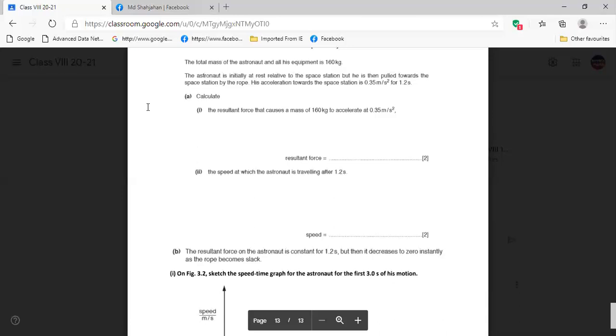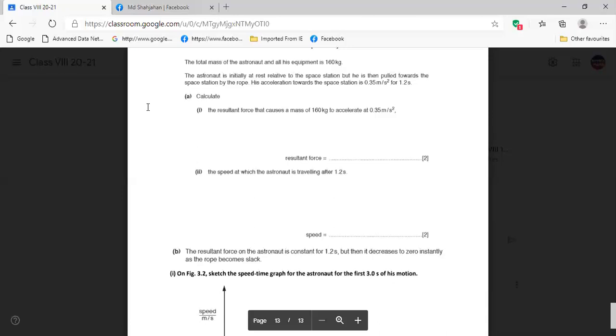And what should be the formula? V equals U plus at. Yes, and U is 0, right? Yes, because the astronaut is initially at rest.